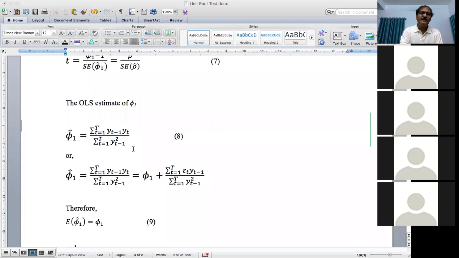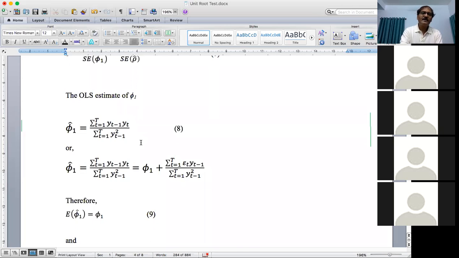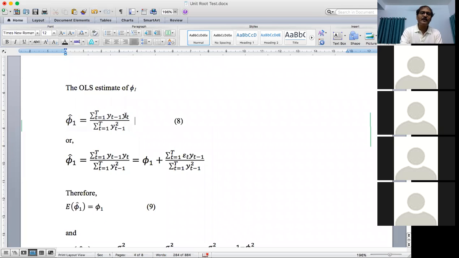Now, if we manipulate this value, that is, just substitute the value of yt here. Suppose we are estimating equation 1. In equation 1, yt is equal to phi 1 yt minus 1 plus epsilon t.